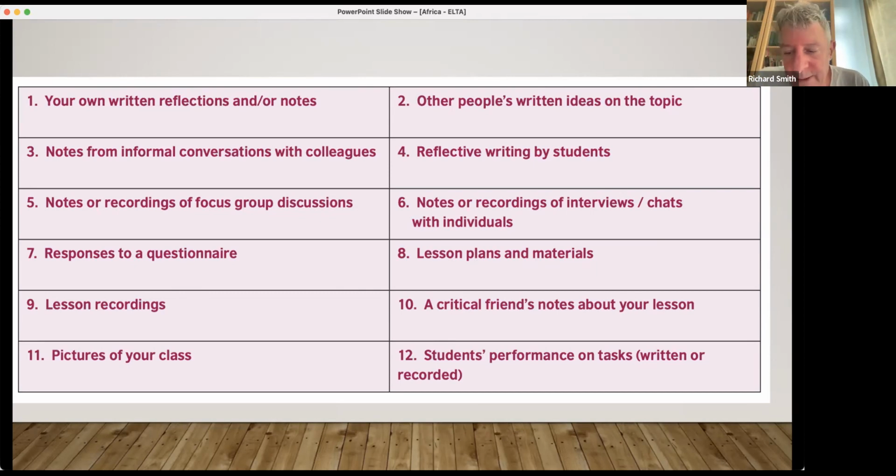One example would be, for example, a teacher is wondering about the instructions they give. So the problem is students don't seem to understand the instructions that they give for different activities. And so one question is, well, what do I say when I give instructions?